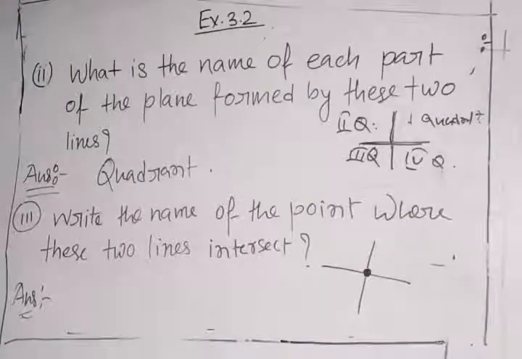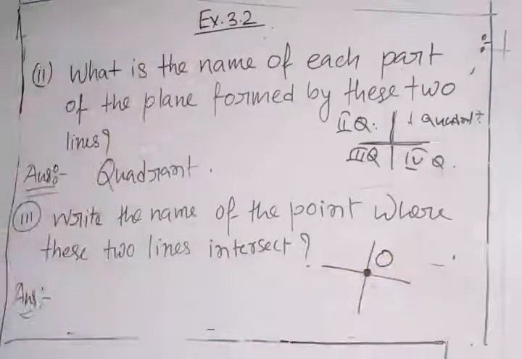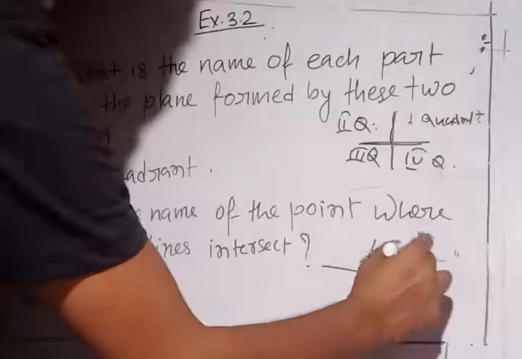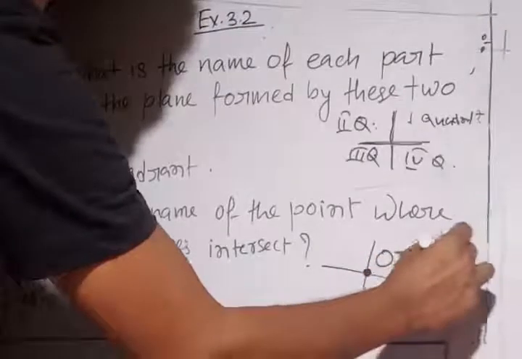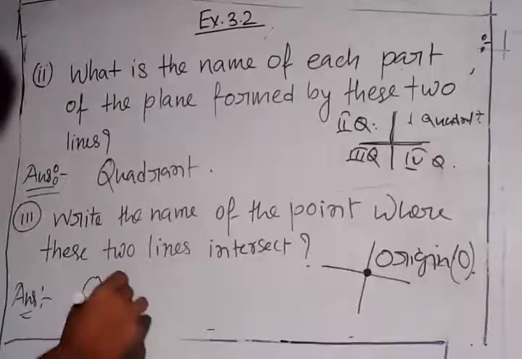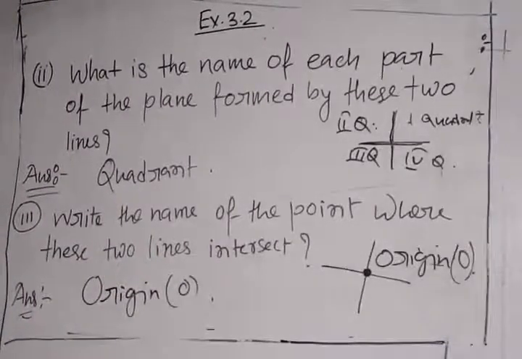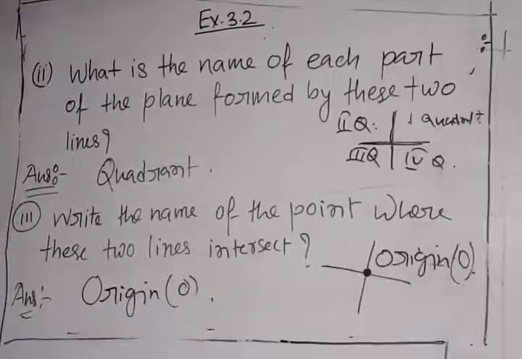The name of this point is O and it is called the origin, and we denote this with O. So we'll write here origin. So this is your number 3.